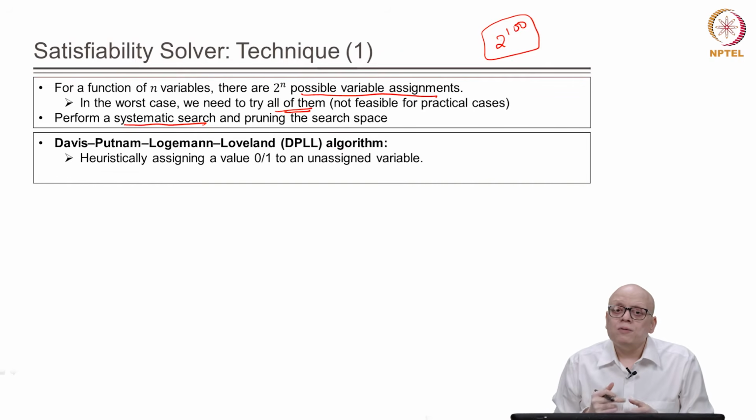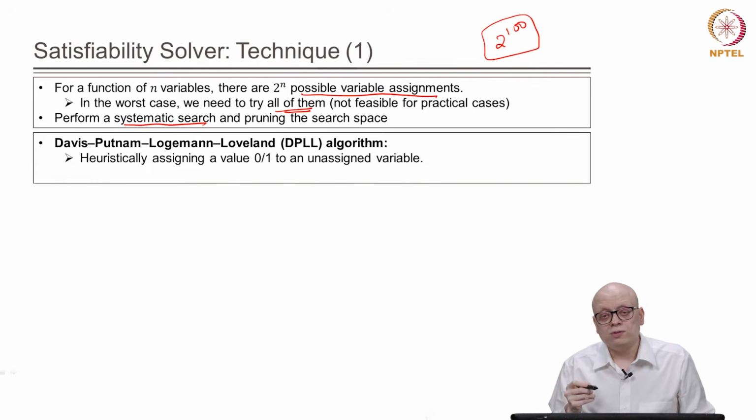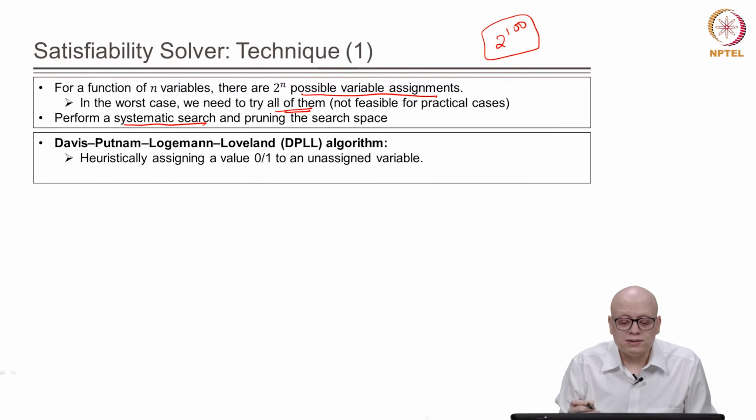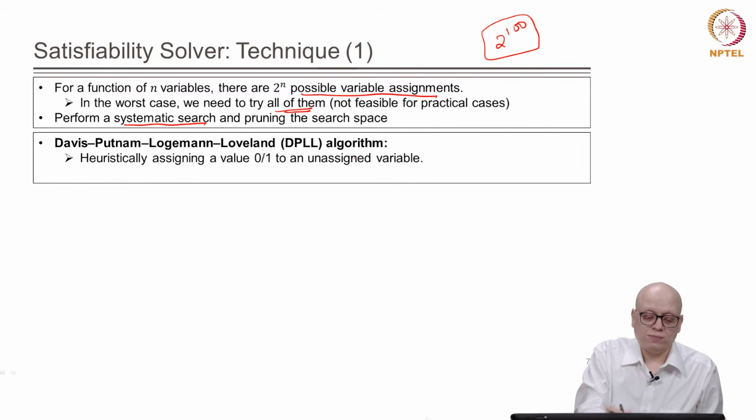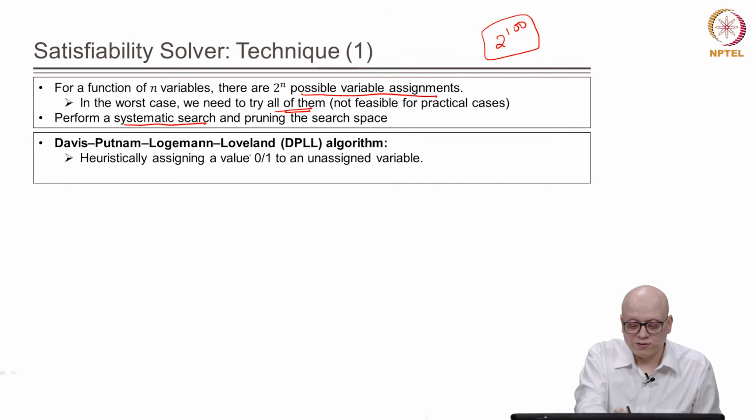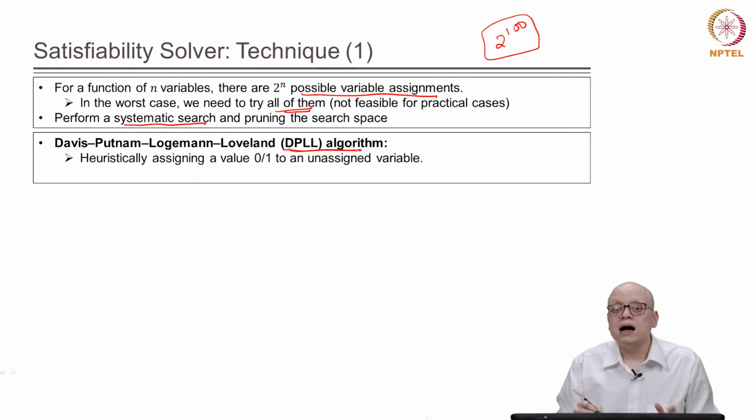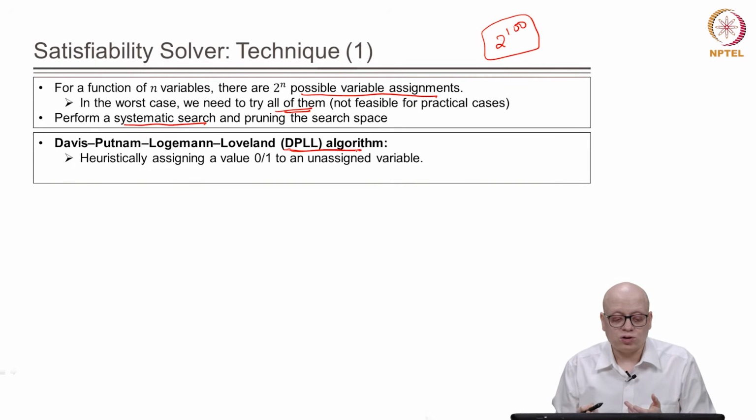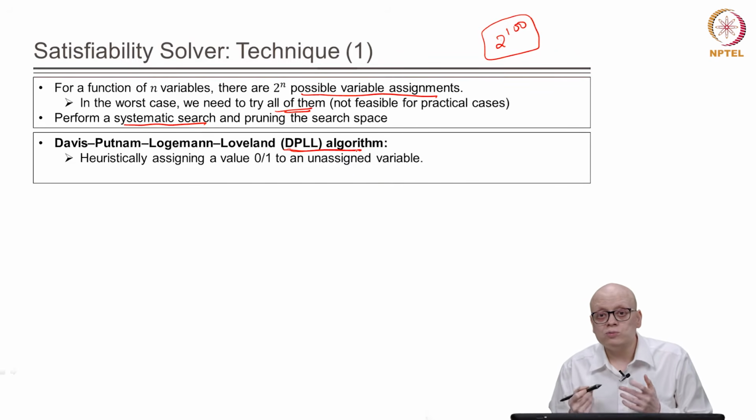So, typically what SAT solvers use is the DPLL algorithm, the Davis, Putnam, Logemann, Loveland algorithm, and its variations are used mostly by SAT solvers. And what does this algorithm do?